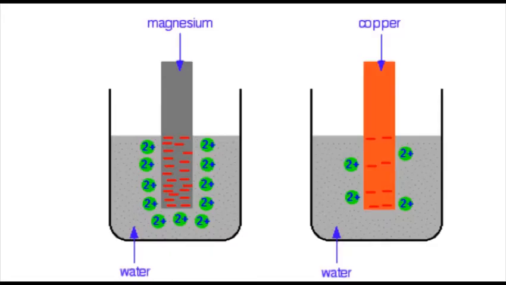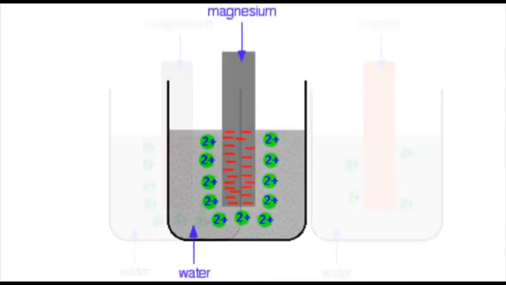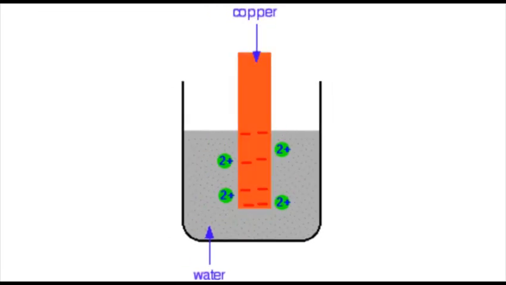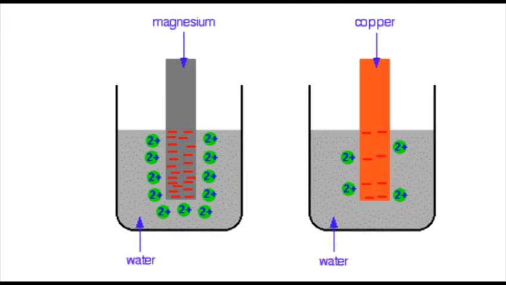If we imagined we had magnesium over here, copper over here, each of them stuck into a small beaker of water, what we would find is that some of the metal atoms from the magnesium and some of the metal atoms from the copper would find their way into the water solution. In other words, they would undergo a process called oxidation. That is the loss of electrons from the free atom to generate a free ion in solution and release electrons.